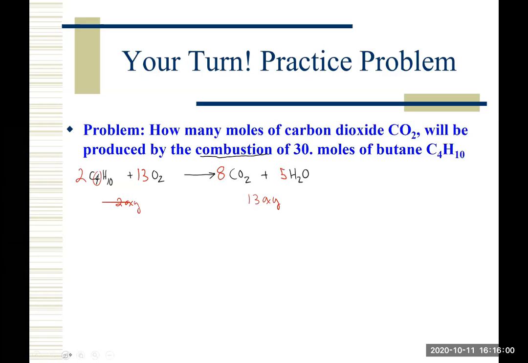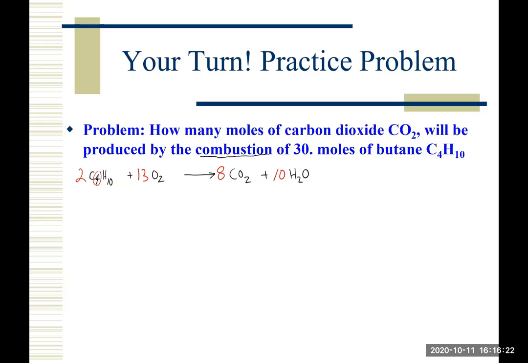And 2 times 5 is going to give us 10 in front of the H2O. And now we have a balanced reaction equation that we can use to solve this problem.